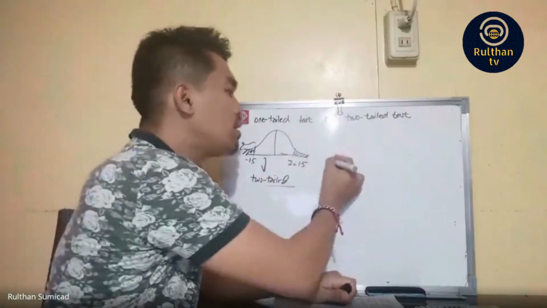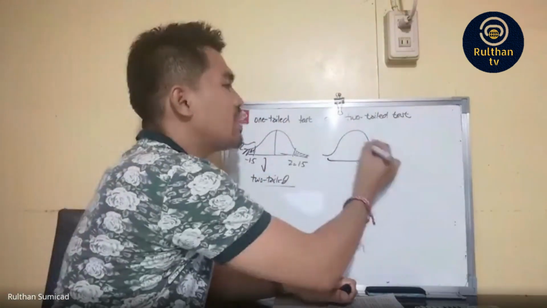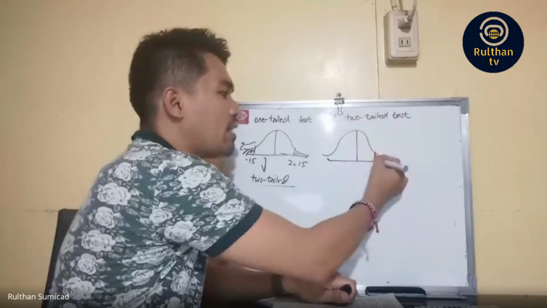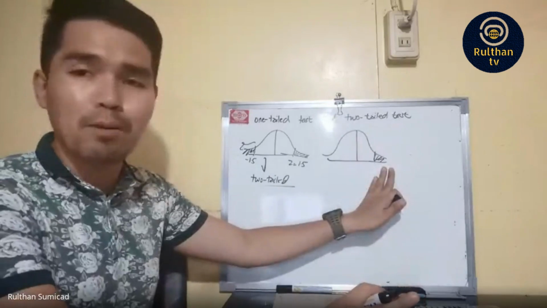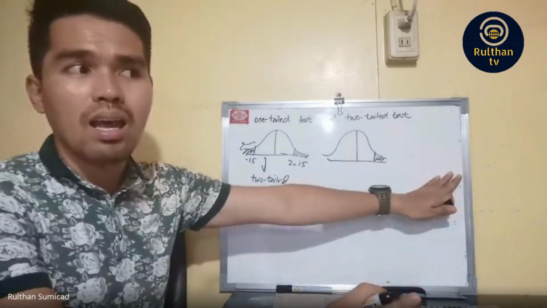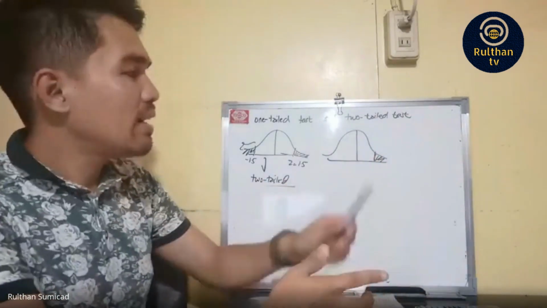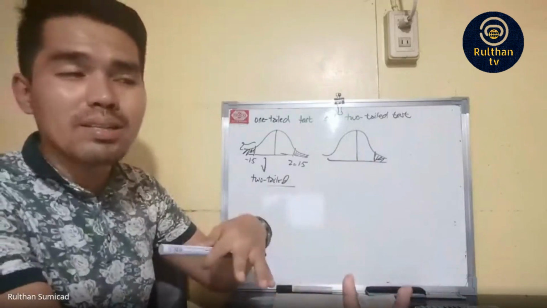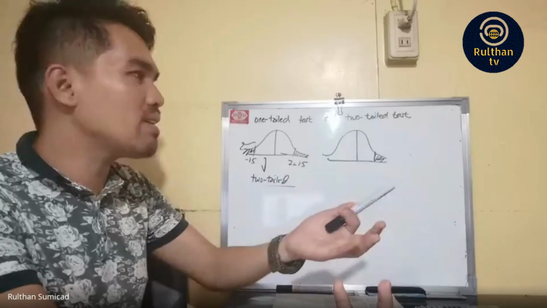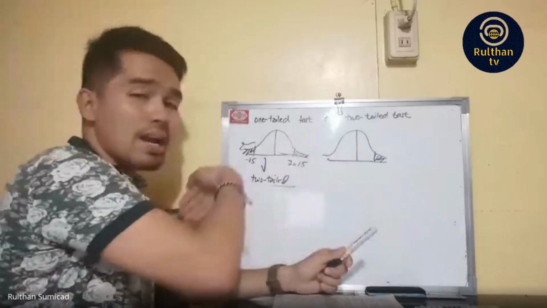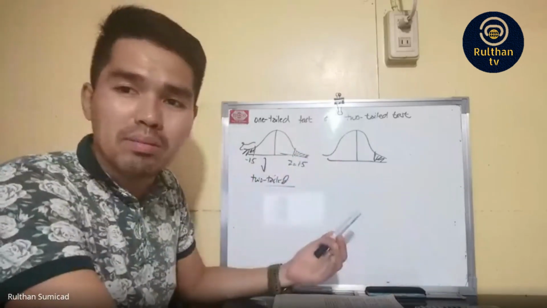But if you are certain and you decided to reject your null in this area, and in the process the rejection region yields toward the opposite direction, you can no longer move forward.